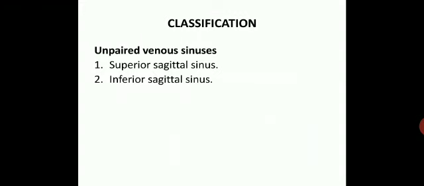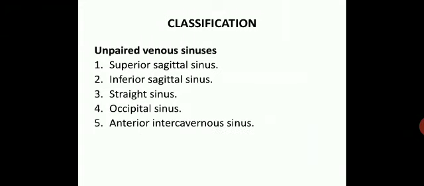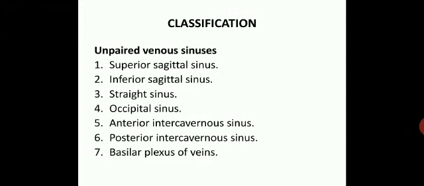The unpaired venous sinuses include superior sagittal sinus, inferior sagittal sinus, straight sinus, occipital sinus, anterior intercavernous sinus, posterior intercavernous sinus and the basilar plexus of veins.